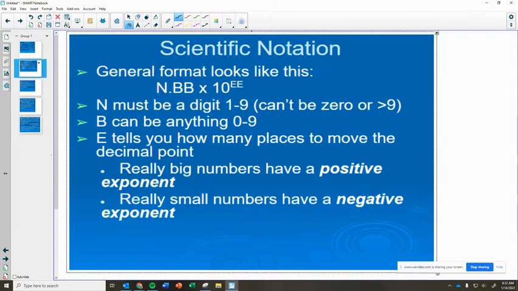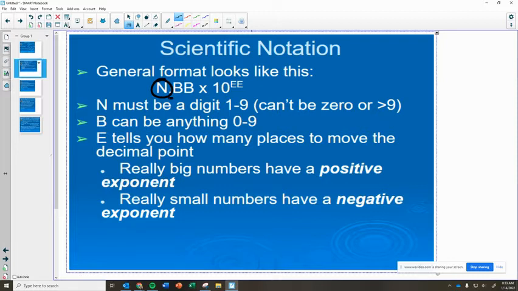Okay, so let's look at how this actually works. Scientific notation has a general format, and we use all these random numbers to describe it because there are rules associated with each of these, but it really isn't that complicated. The big thing is that this number right here, this n, has to be a digit between 1 to 9. So it can't be 0, it can't be 10. And the decimal point has to go after that number.